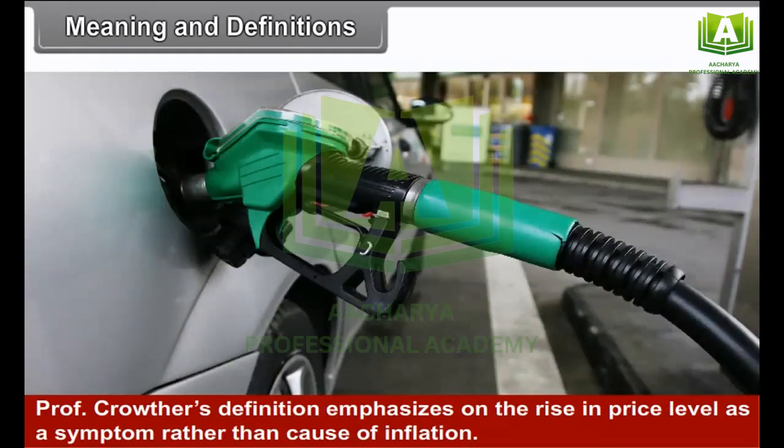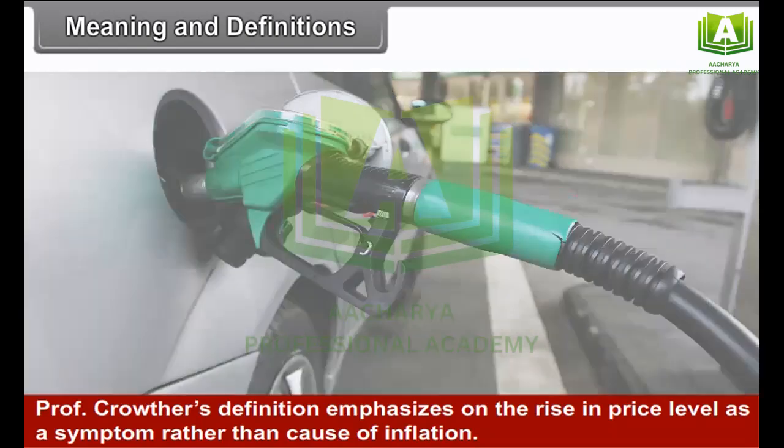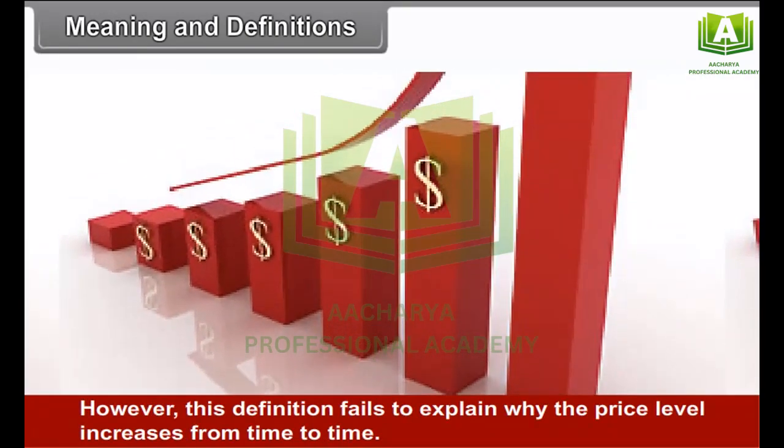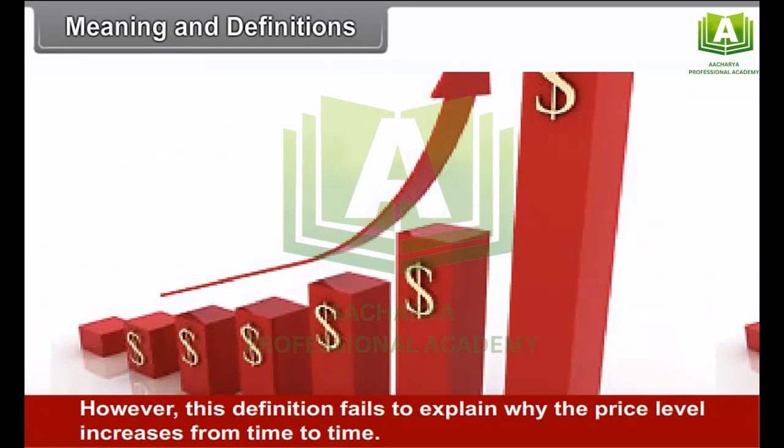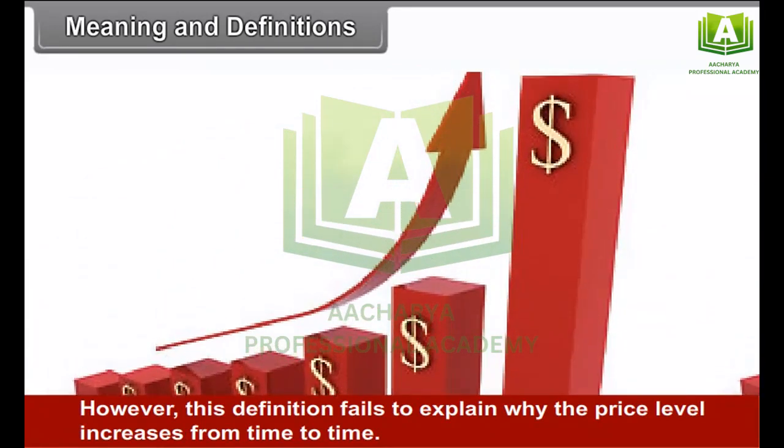Professor Crowther's definition emphasizes the rise in price level as a symptom rather than cause of inflation. However, this definition fails to explain why the price level increases from time to time.